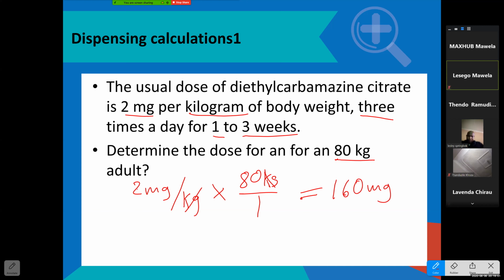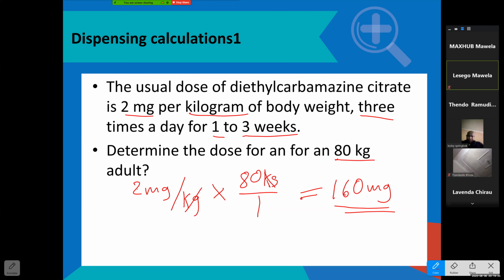So this patient, an 80 kilogram adult, will get 160 milligrams per dose. Remember, it's 2 milligrams per kg of body weight, and the patient must get it 3 times per day.